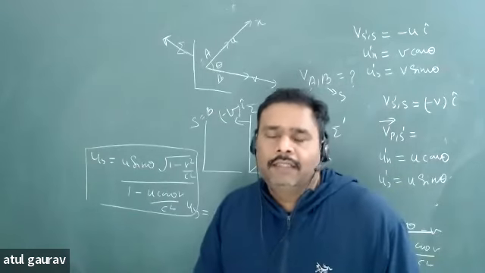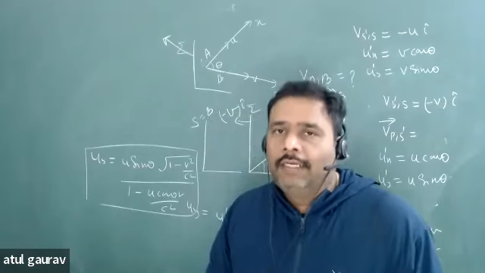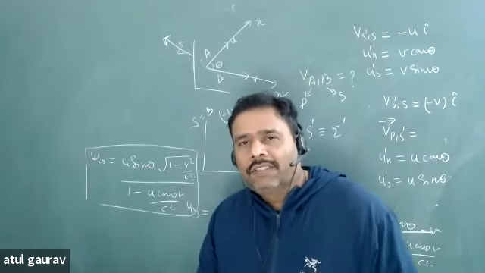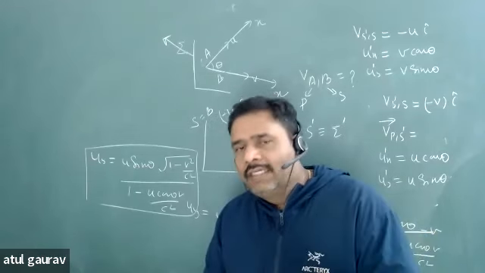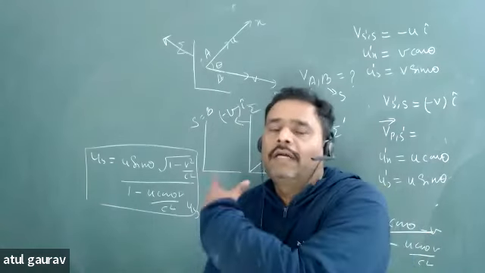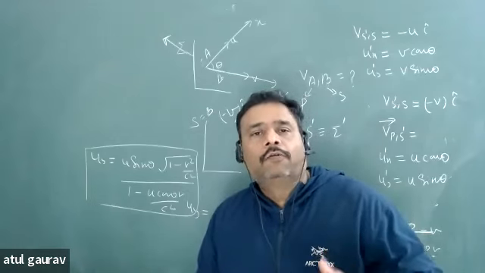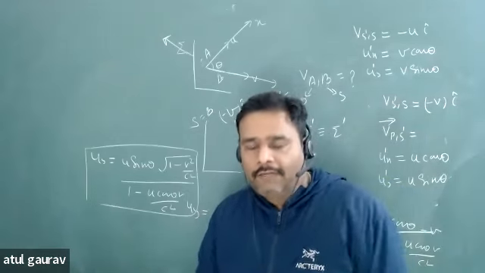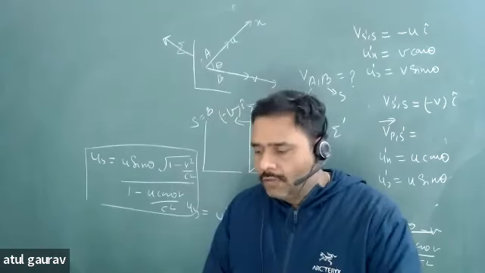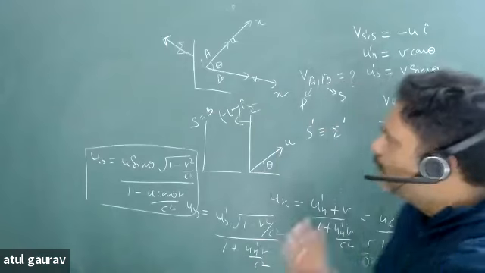But in general, the examiner will give you direction. If they are not giving any particular direction, then obviously you will always try to make your S frame moving along X direction. And what is your S frame? From where you want to see the particle at the final level. So this trick you can easily use and calculate this.